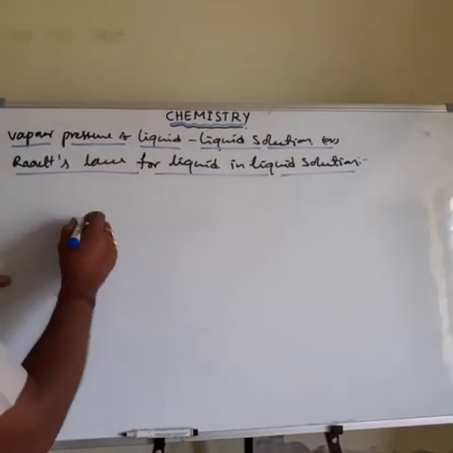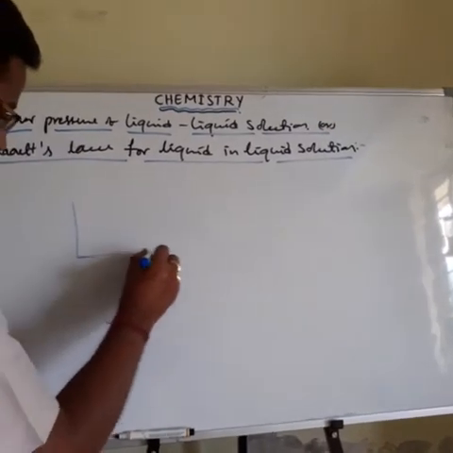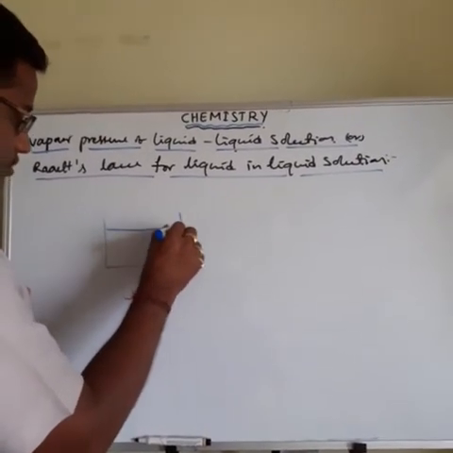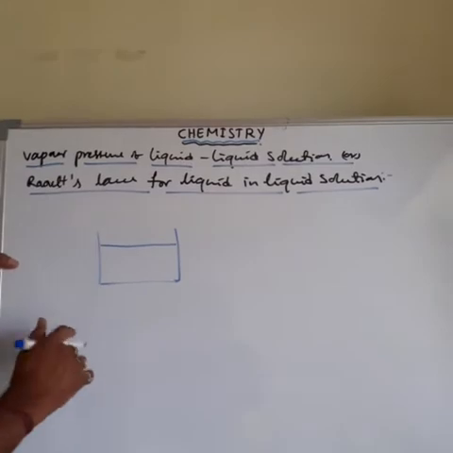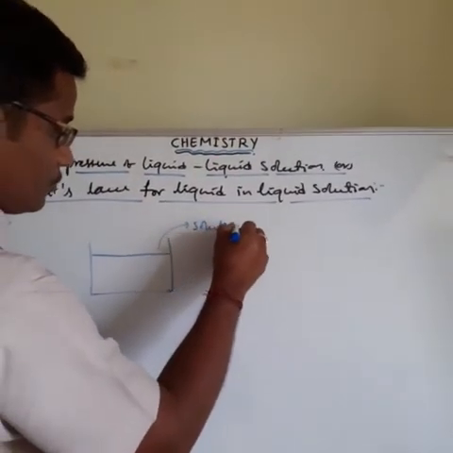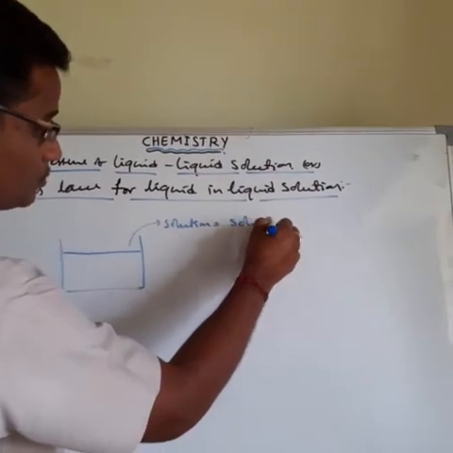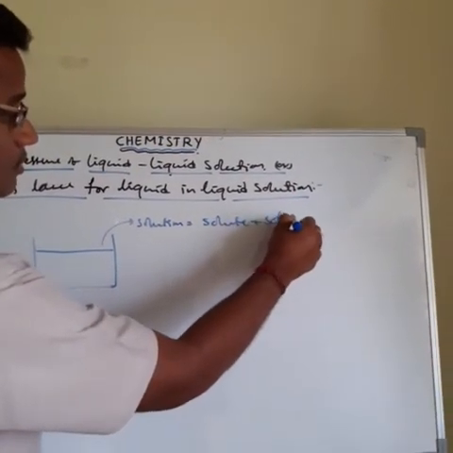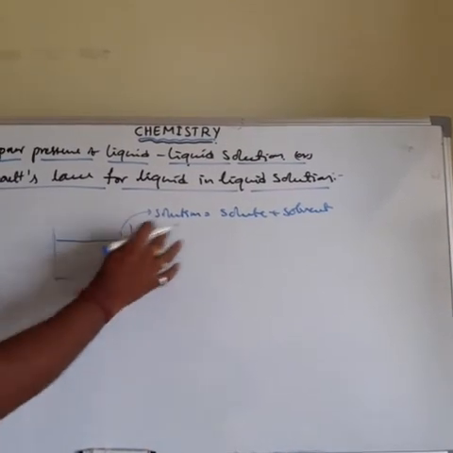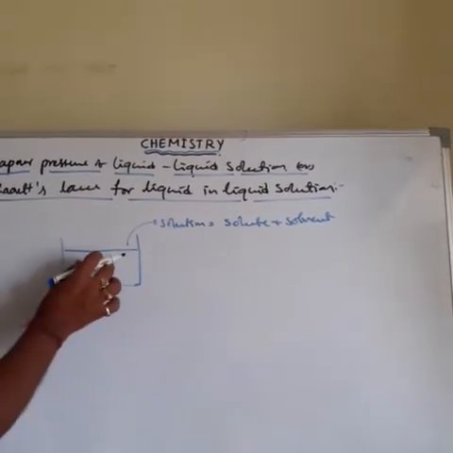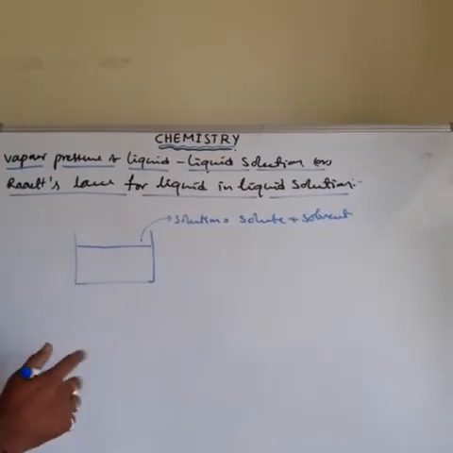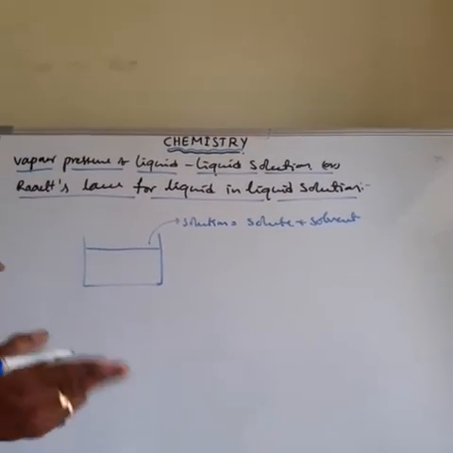Here is a beaker containing a solution. The solution contains solute plus solvent. But what type of solute and solvent are present? The solution contains two completely miscible volatile liquids.